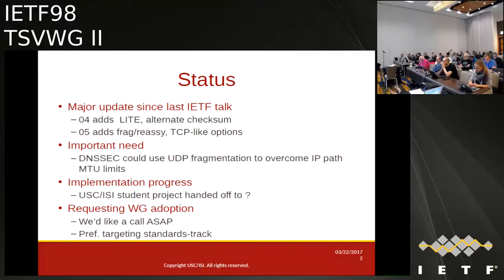And the alternate checksum was an attempt to add something like a CRC to be a little bit stronger than the internet checksum. 05 actually adds in one of the suggestions that came on the list to support fragmentation and reassembly at the UDP layer, and adds in a whole bunch of other TCP-like options that turn out to be possibly useful, including things to measure round-trip times, to indicate the maximum reassembly size, etc.